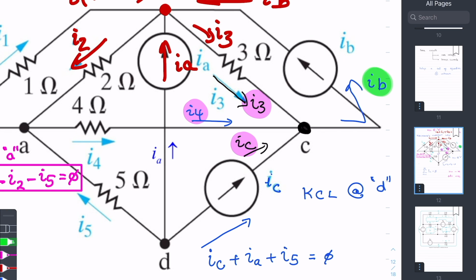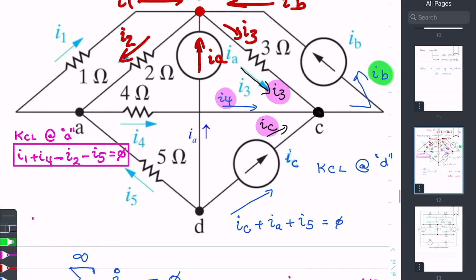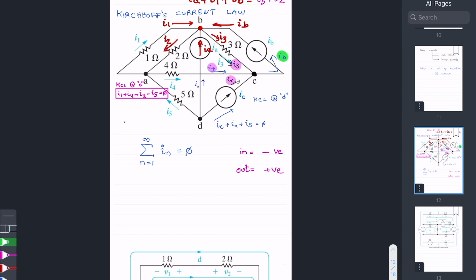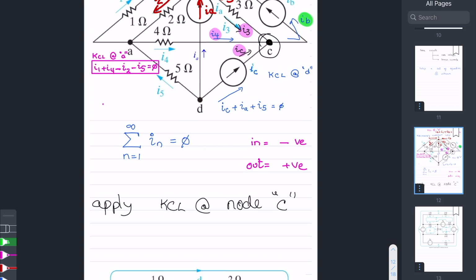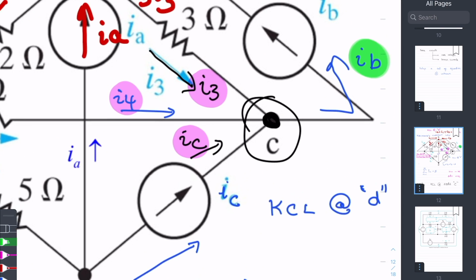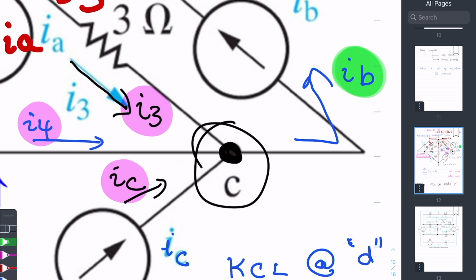Now KCL simply says, and let me write it over here, applying KCL at node C. Look at all the currents that are entering: I3, I4, and IC.